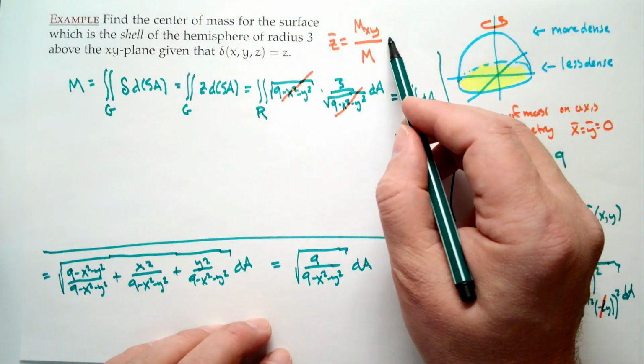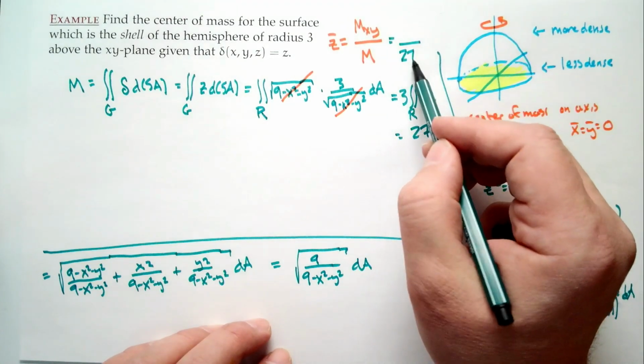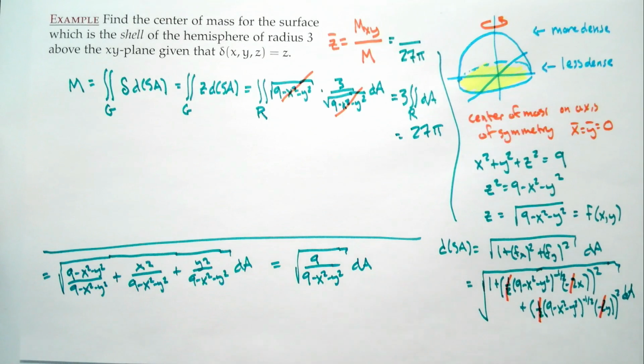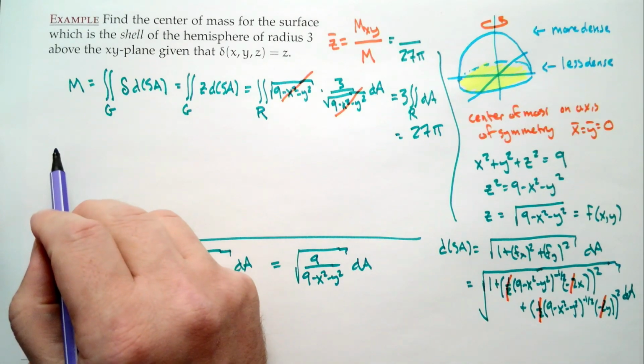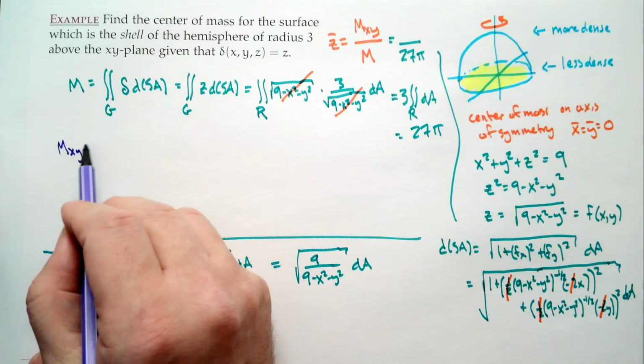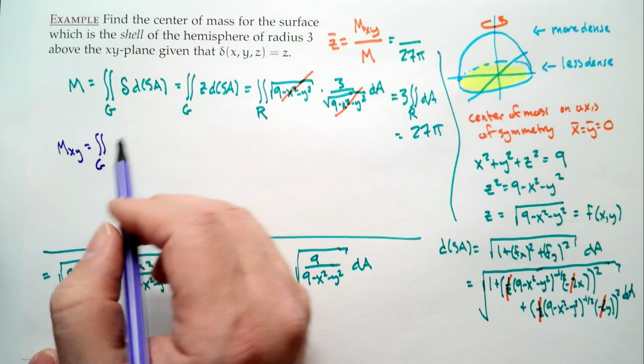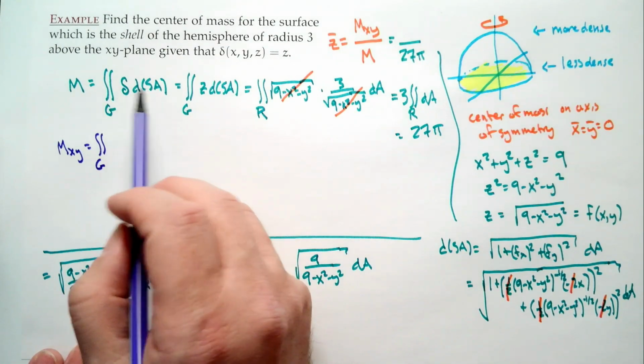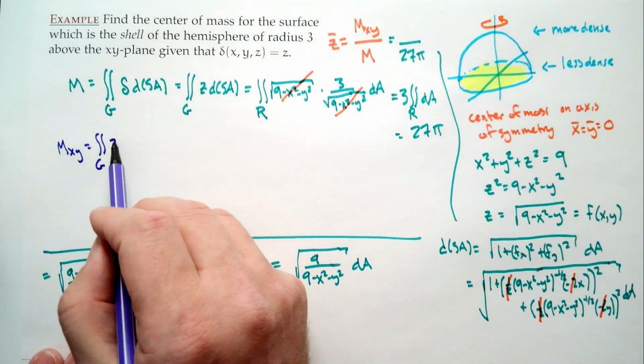So that's our denominator. All right, well, we got lucky on that term. But we're not done yet, because we've got to get our numerator. Let's see what happens there. Well, our moment with respect to xy, that's our integral over our surface. It's similar to mass, but what you do is you add one more term.